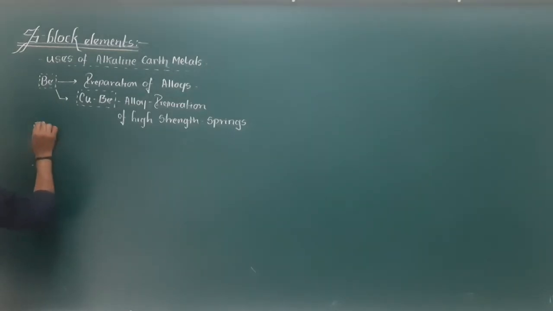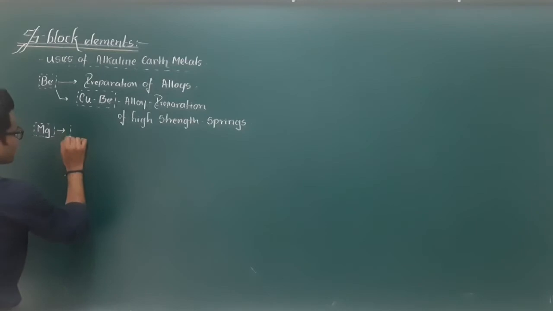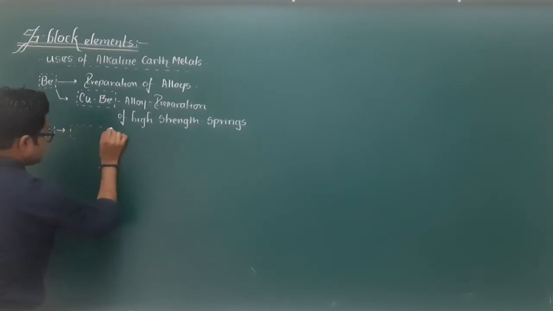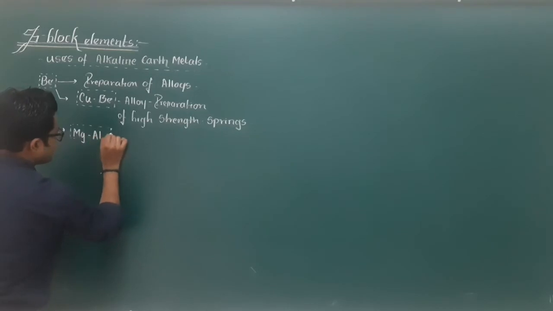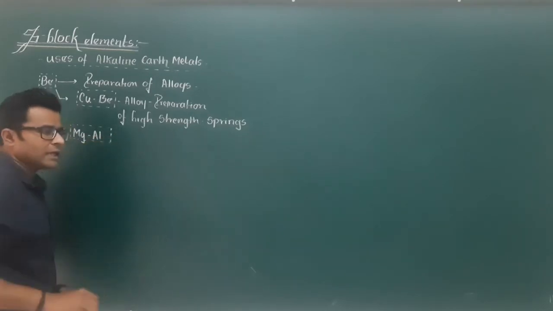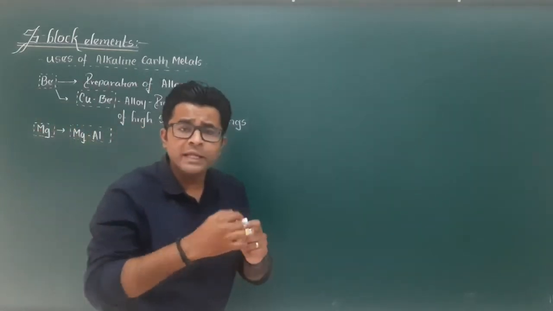Again, magnesium is used in the preparation of alloys. Its combination, that is its alloy with aluminium, that is magnesium aluminium alloy. This alloy is very light.